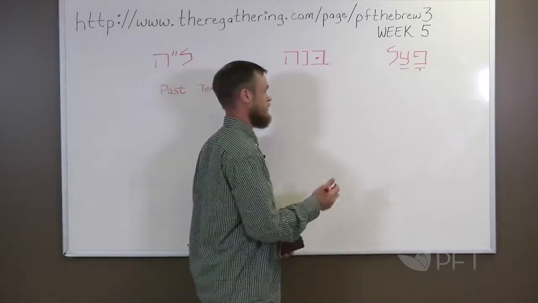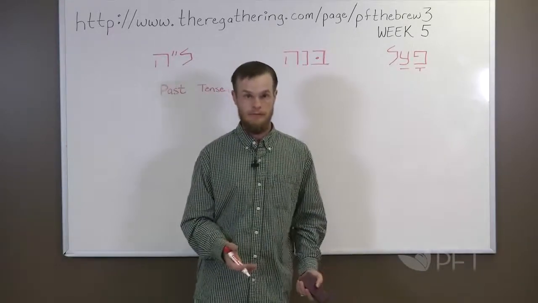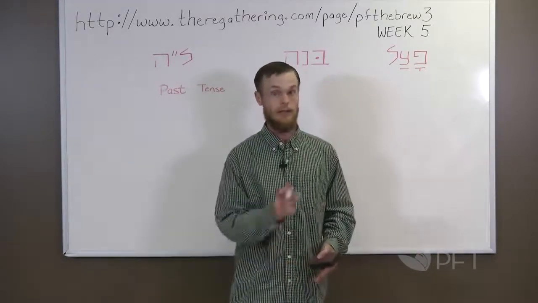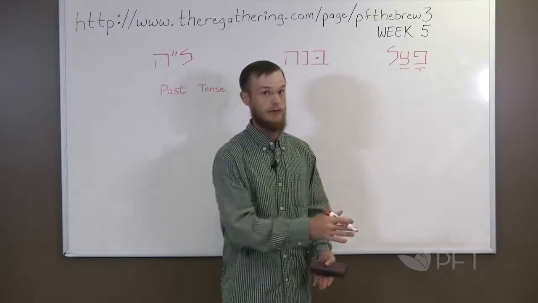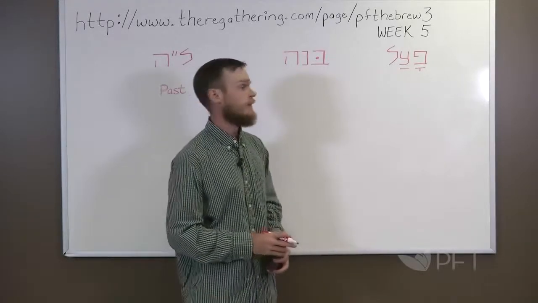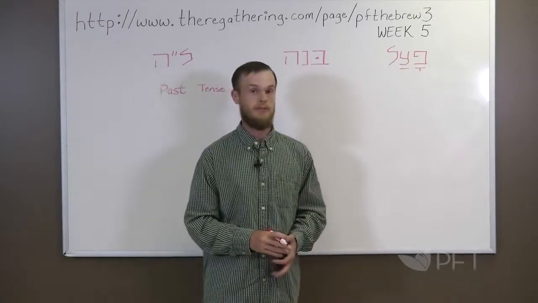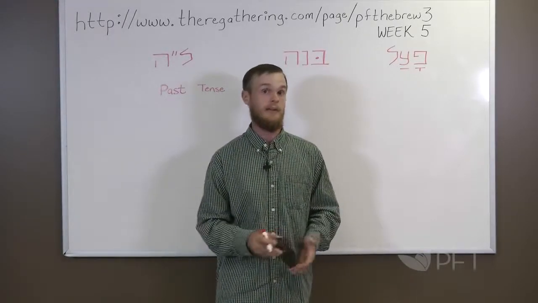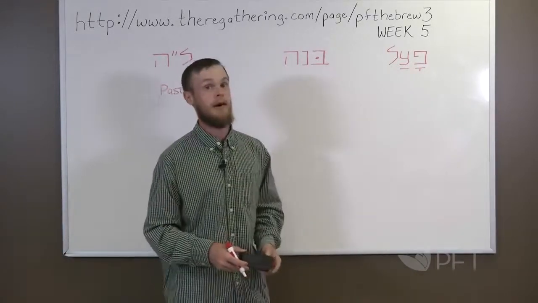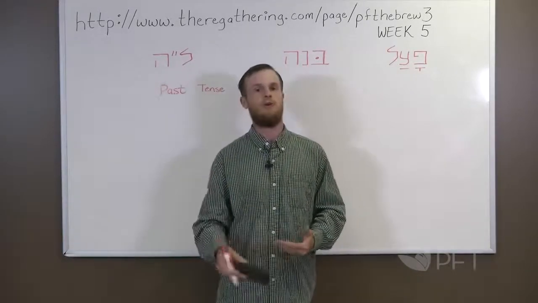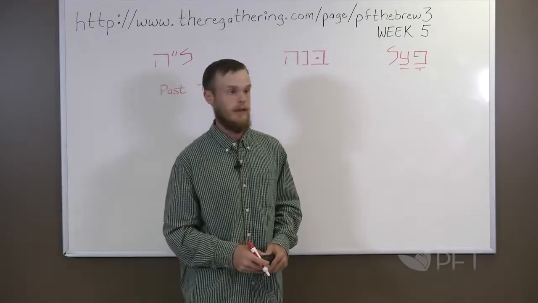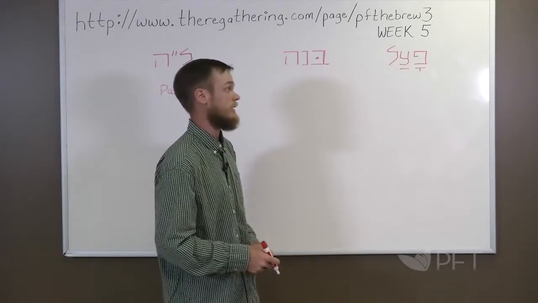So if you ever see baniti, or any two letters followed by chirik yod, tav, chirik yod, you can be pretty confident that that is representing first person singular past tense of a Lamed Hey verb. As I say, there are many of these Gizrot to remember, but as you look over them and use them, you'll become more and more familiar with those patterns, and it'll make it a lot easier to read the language.